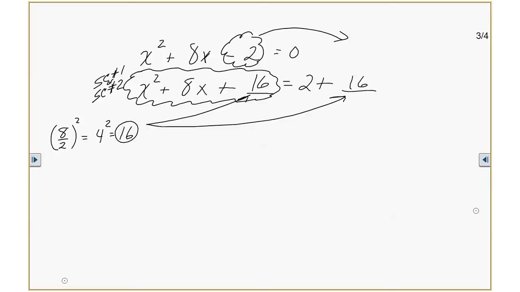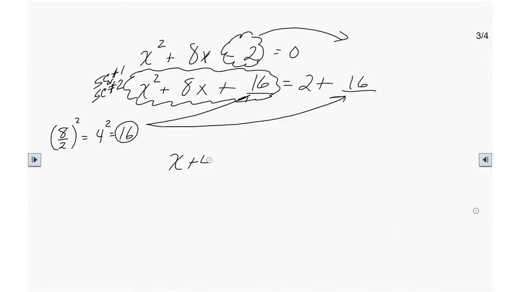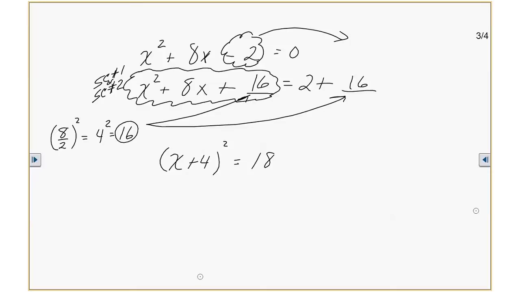X plus 4, quantity squared, is equal to 18. And now, for those of you that want to finish it, tell me what the vertex is and find the x-intercepts. Those of you who don't, just sit tight and that's what we do.